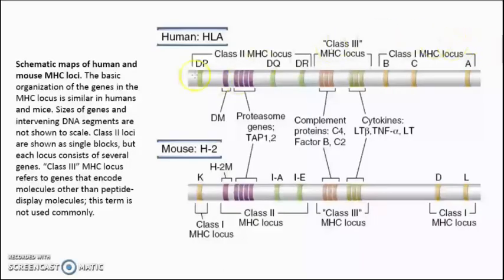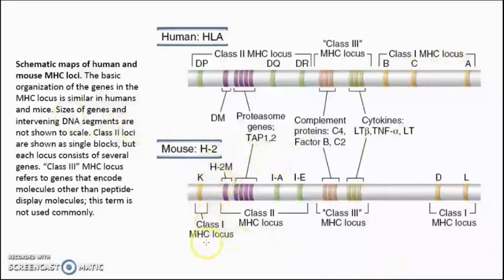Here is a schematic map of human and mouse MHC loci. The human HLA has a class 2 MHC locus. Here is DR, here is DQ and DP. Here are some proteasome genes, and the class 3 MHC locus, which encodes complement proteins and some cytokines, and class 1 MHC, which is divided into types A, C, and B. Here is the mouse H2 molecule.